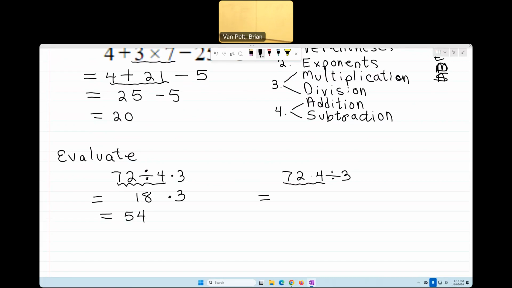Anybody know that off the top of their head? 280. No, it's 288. And I'll remind you of a trick. I know that this is going to be a whole number because if you take the digits of 288, 2 plus 8 plus 8, that's 18. Did you know that if 3 goes into 18, it's guaranteed to go into 288?